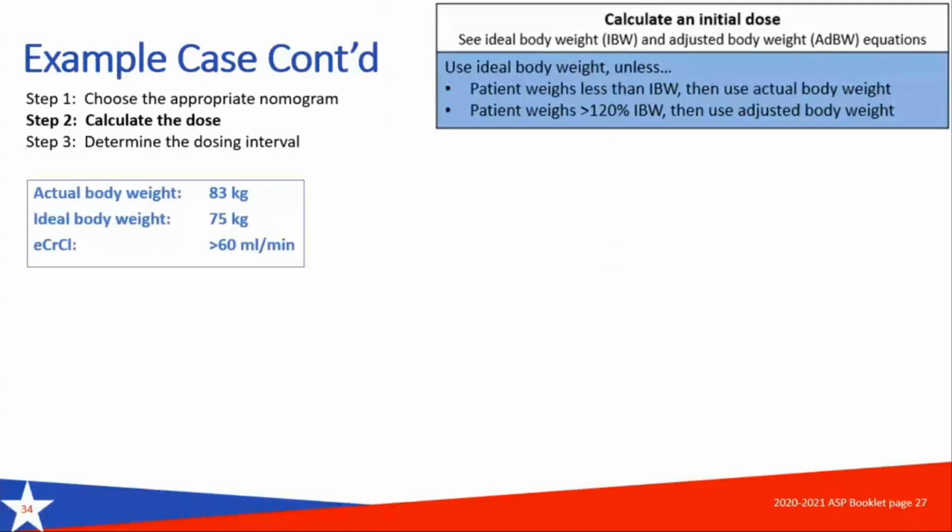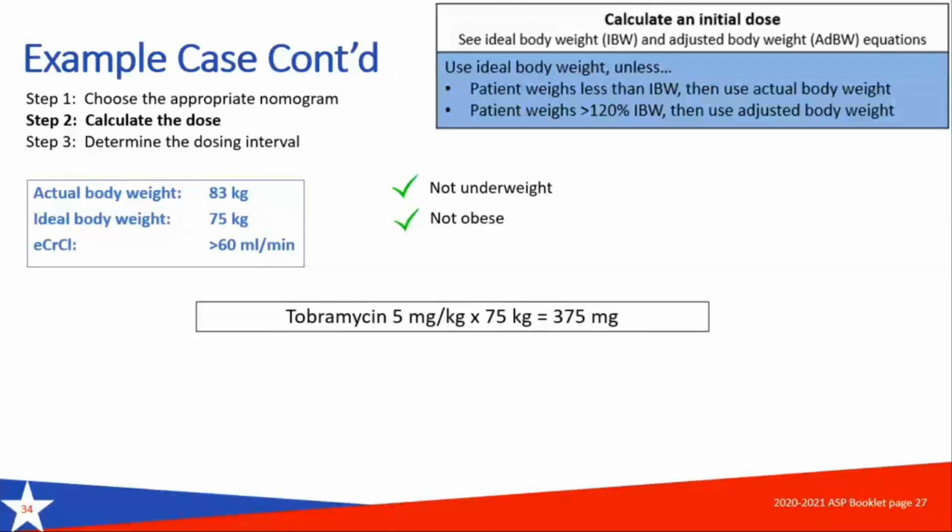All right, so next we're going to calculate the dose. We know we're using the Barnes-Jewish nomogram. Again, I put his patient characteristics up on the screen there. He's not underweight, so that's good, and he's not obese. So we can go ahead and use his ideal body weight to calculate his dose.